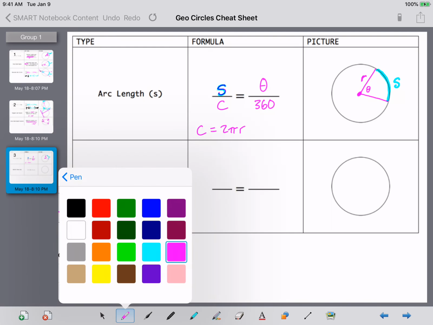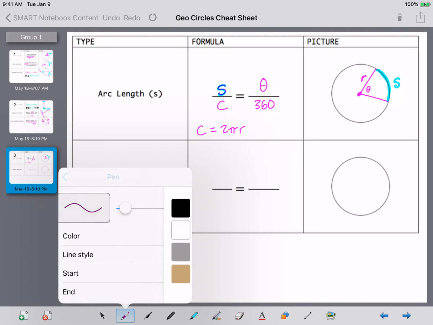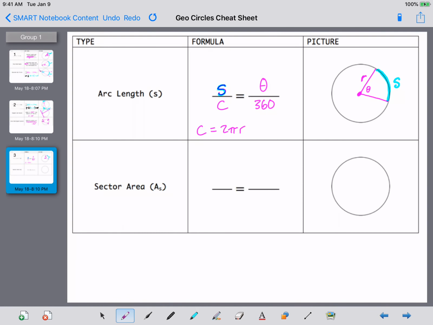The sector area, on the other hand, is found by taking the area of the sector over the area of the entire circle, and then that's still equal to theta over 360. Again, we've got our center. Draw yourself a sector. We're not finding the arc length.